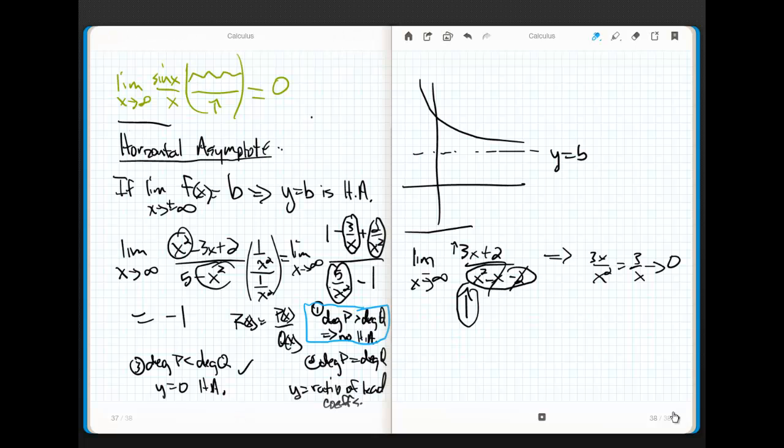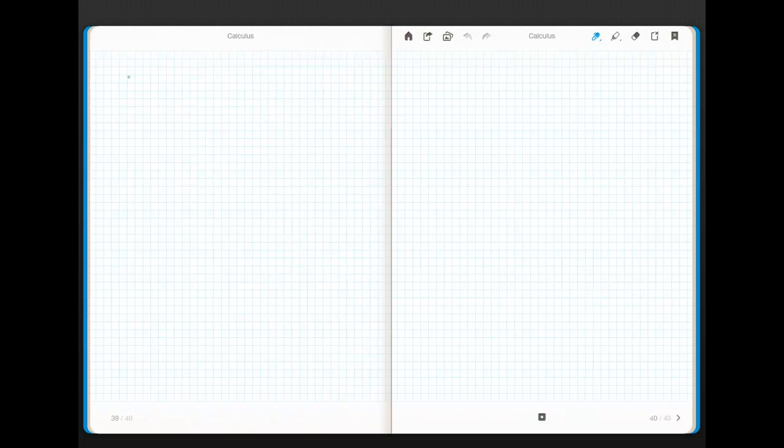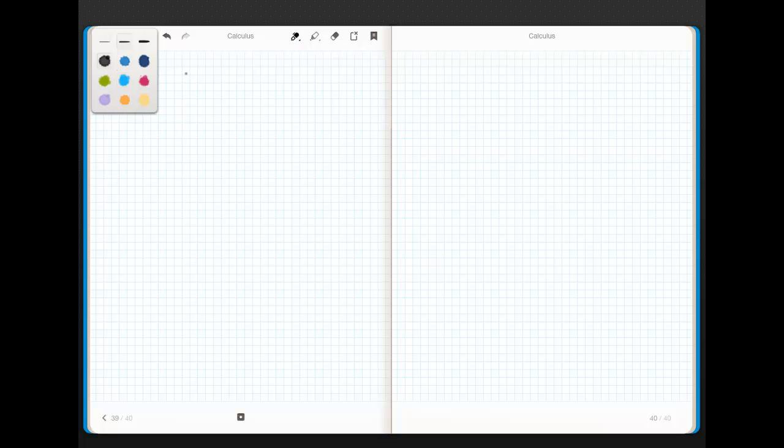Now, let's go back and take another limit at infinity. Let's say I want to take the limit as x goes to negative infinity of e to the x. There are lots of ways to deal with this. I could do it numerically: plug increasingly large negative numbers into x in my calculator and see what happens.